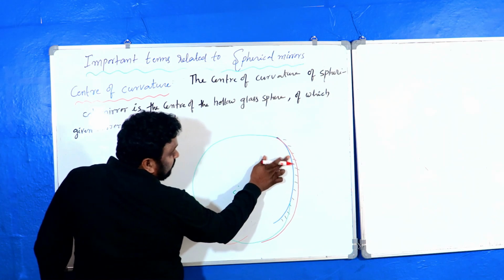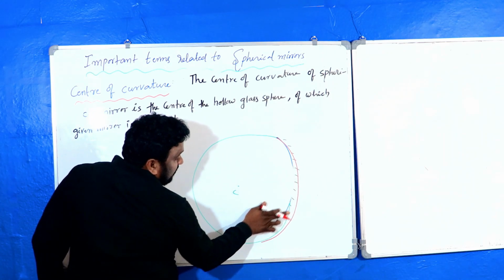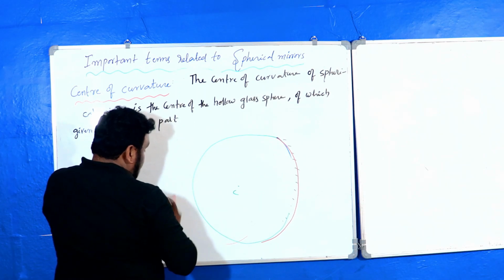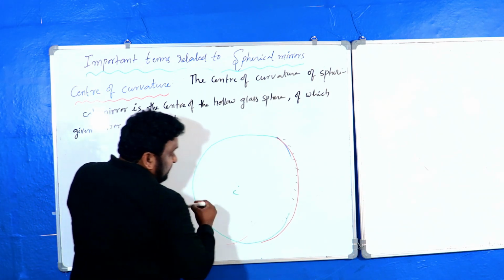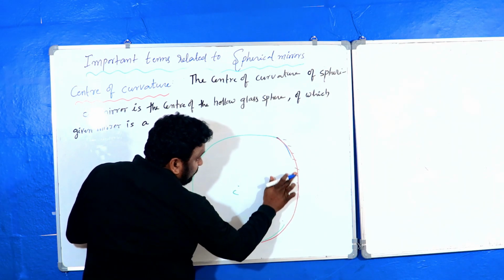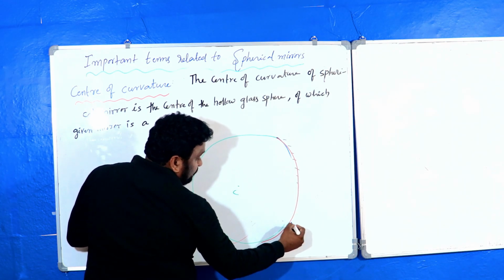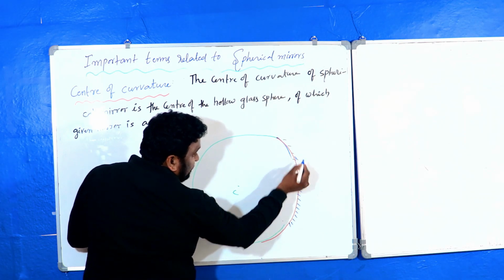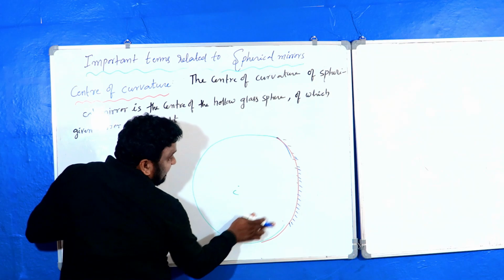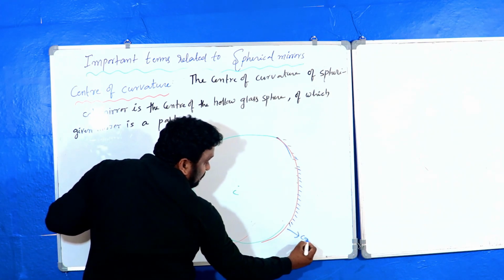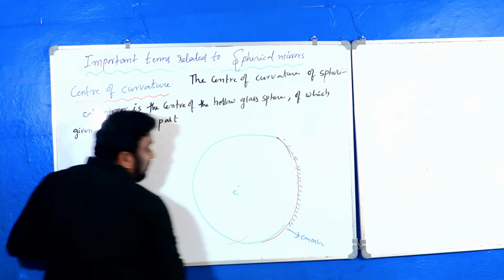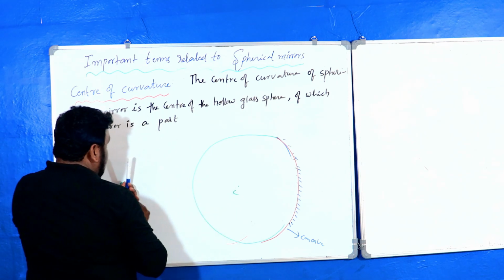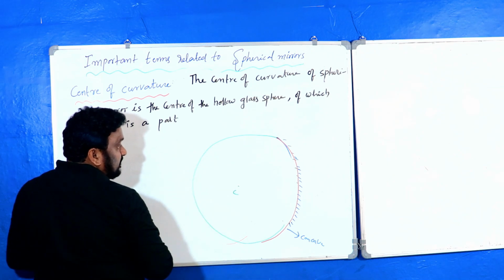The red portion that you are seeing here is a concave mirror. Here this is the center of the sphere.